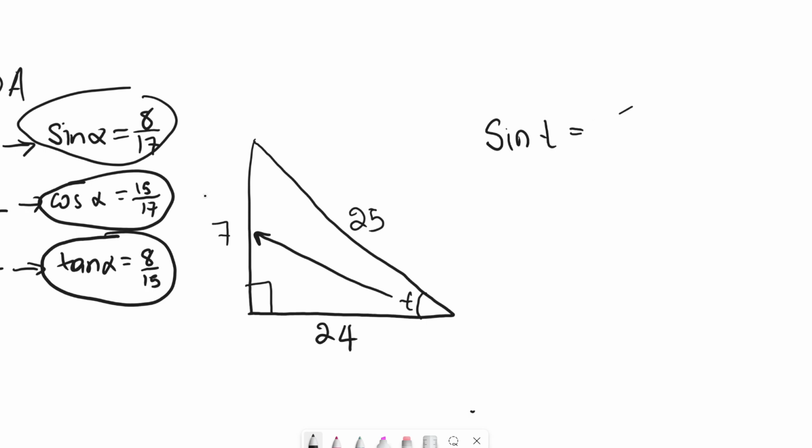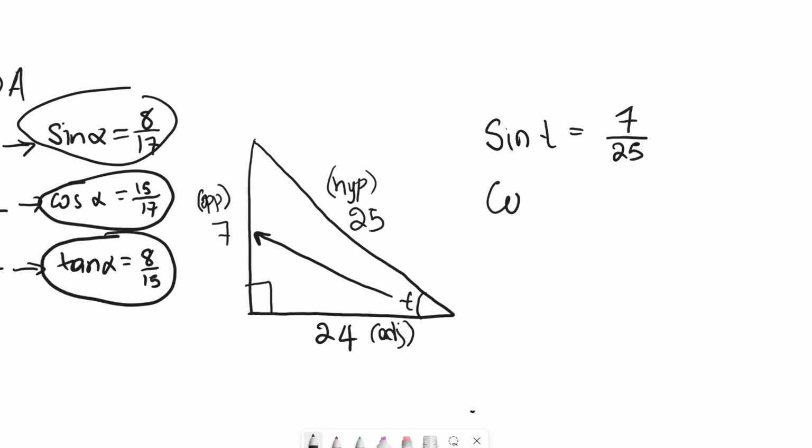In this case, we can label here: this is our opposite side, this is going to be your adjacent side, and this is your hypotenuse. So my opposite is 7 over my hypotenuse, which is 25.